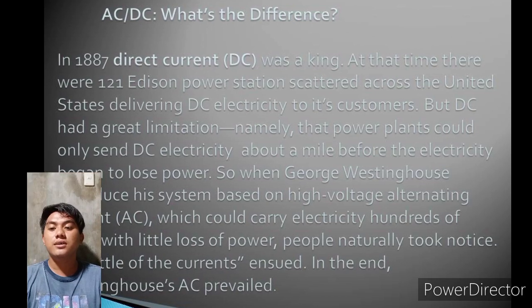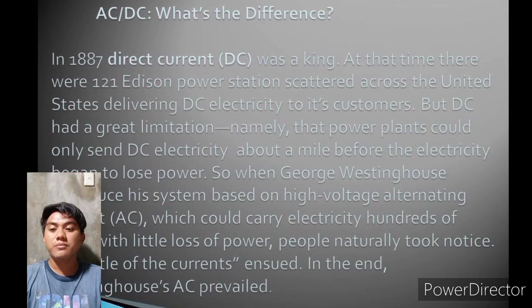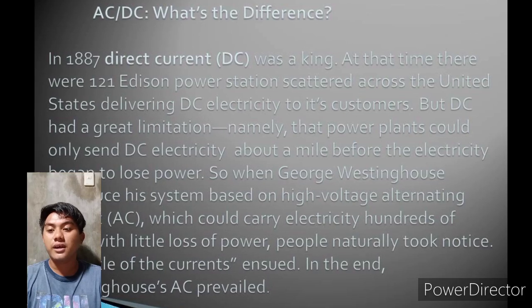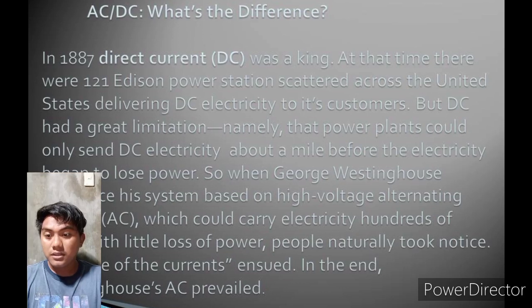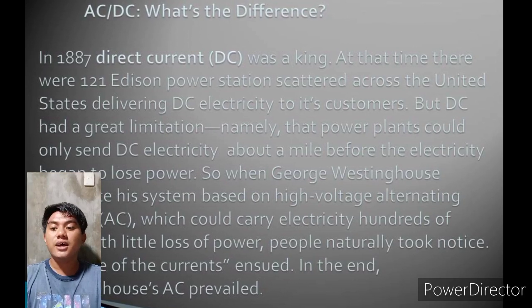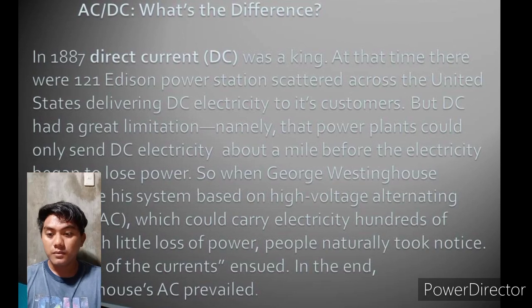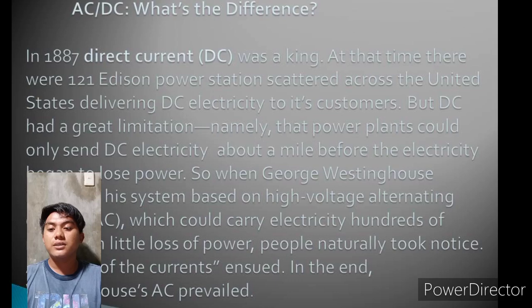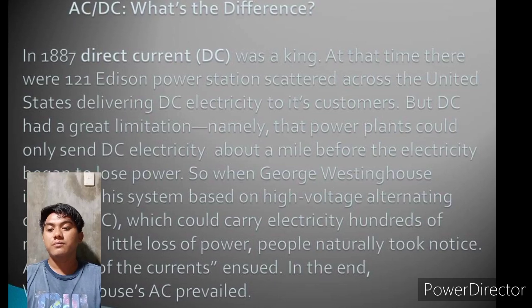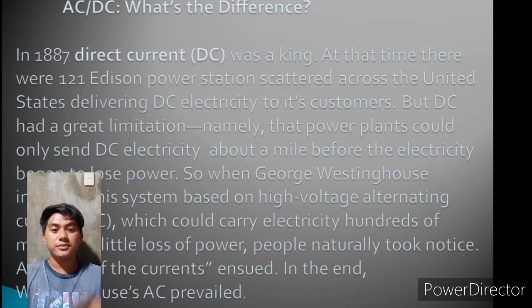So when George Westinghouse introduced a system based on high voltage alternating current, AC, which could carry electricity hundreds of miles and lose little power, people naturally took notice. In the end, Westinghouse's AC prevailed.